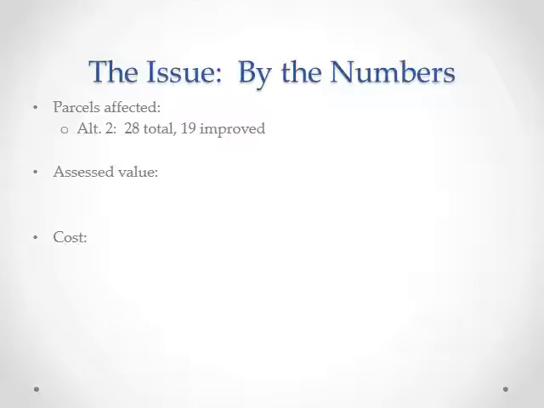Next slide. The assessed value of the properties that would be impacted if nothing is done is $5.18 million. Next slide, please. And the cost of doing that is $0. So if you spend $0, the lost value is the assessed value of $5.18 million.